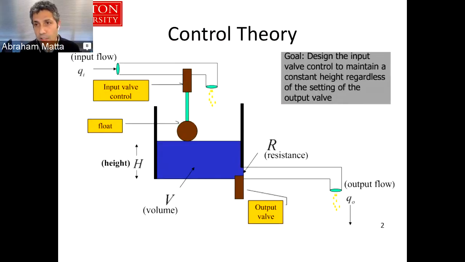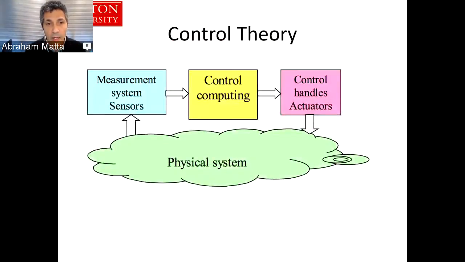Right, so this is one very classical use of control theory. In general, we are given a physical system that we'd like to control. We have a monitoring system or sensors to measure things like, as I mentioned earlier, the level of the water in the tank, or the round trip delays or the one-way delays or the losses that I'm observing.